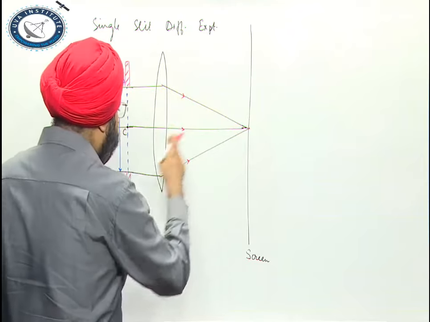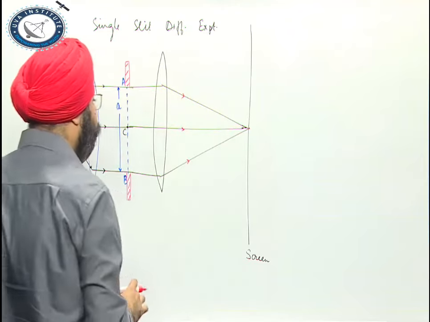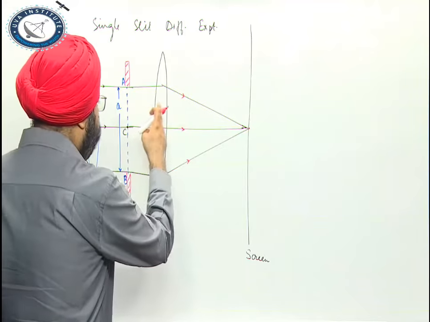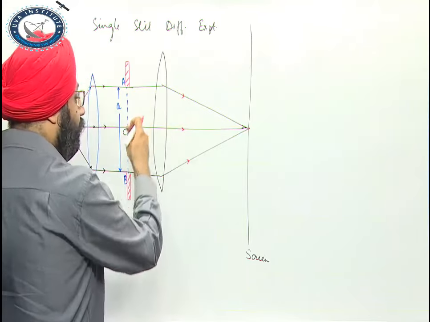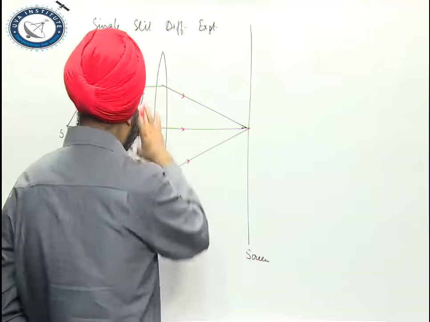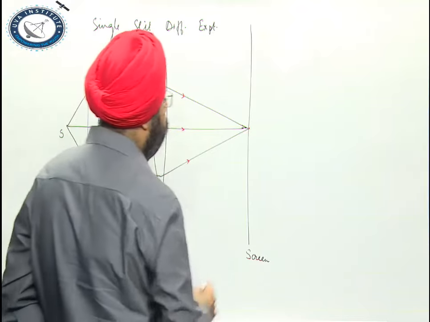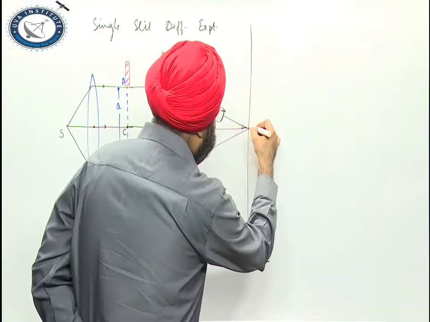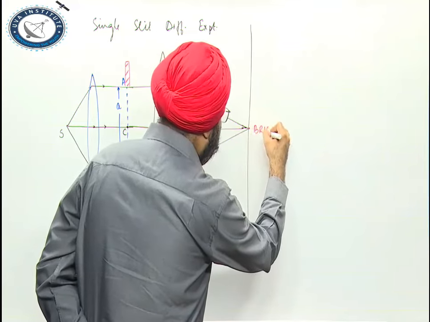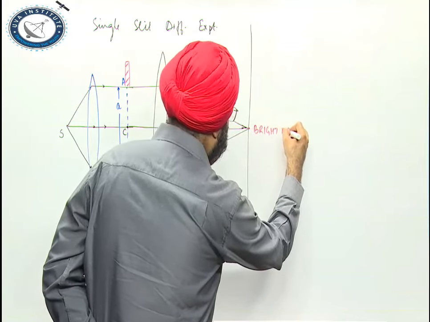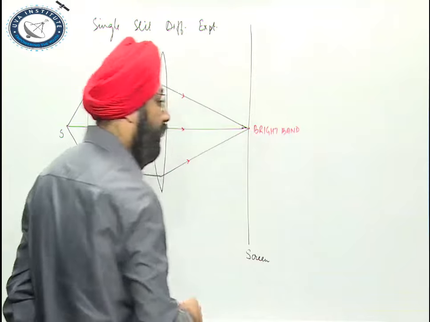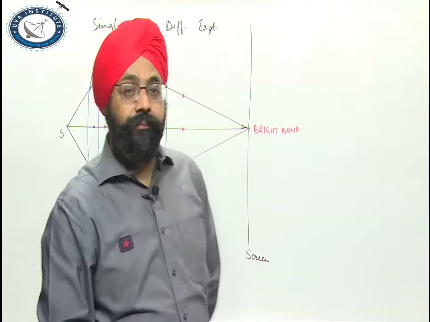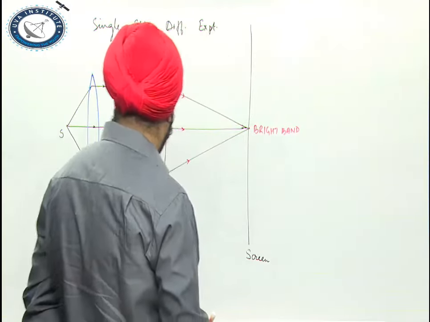There is no path difference between this ray and this ray. Similarly, for every point here, we have a point in the lower half. Since all the points are in the same phase, you get a bright band over here, or you get constructive interference over here.